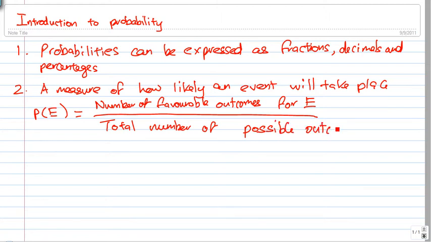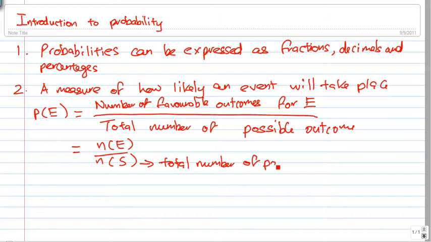Or, number of outcomes in E over number of possible outcomes in S. It's the same thing. N(S) stands for the total number of possible outcomes.